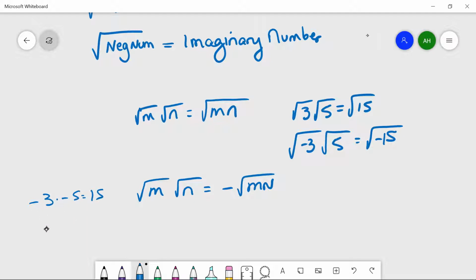I've lost my negative sign. So what we're going to do here is move that negative sign to the outside. So the way the rule says, if m and n are both negative real numbers, if this is a negative and this is a negative, then we're going to have this negative on the outside.